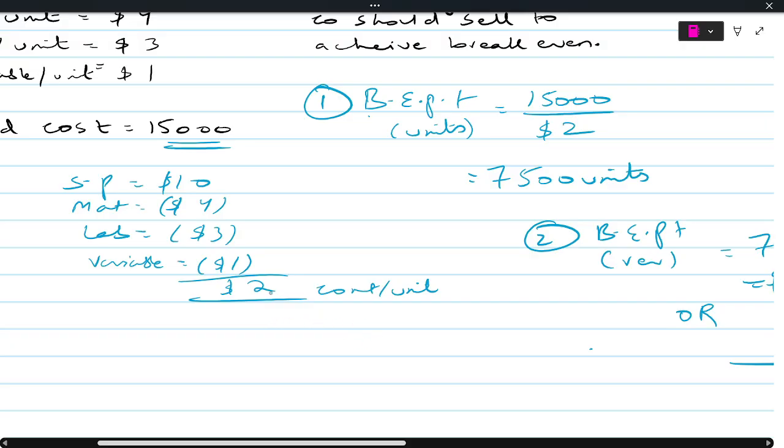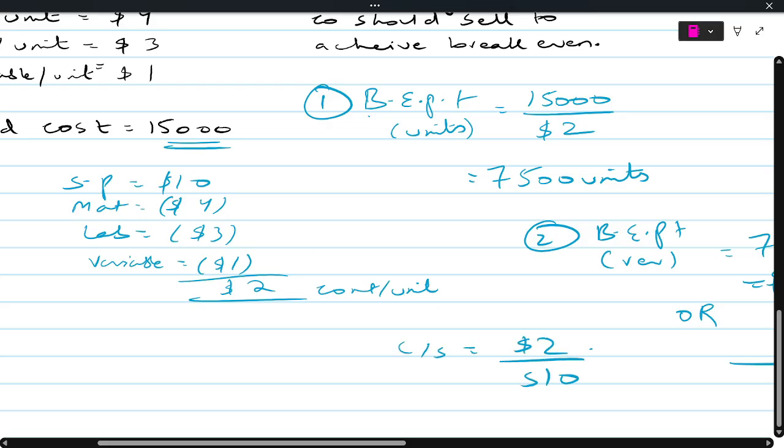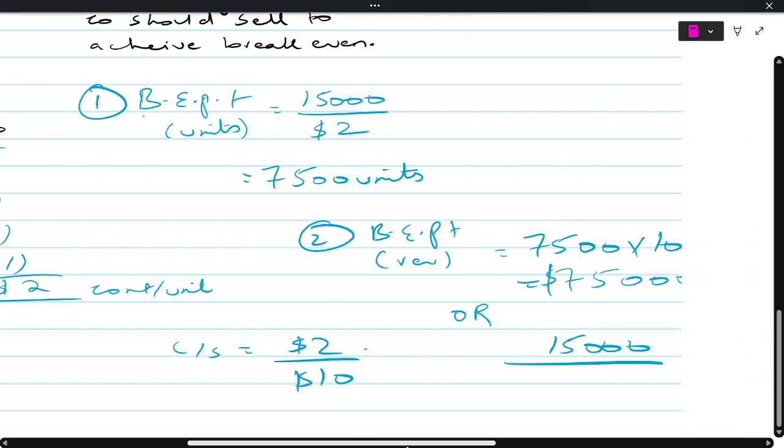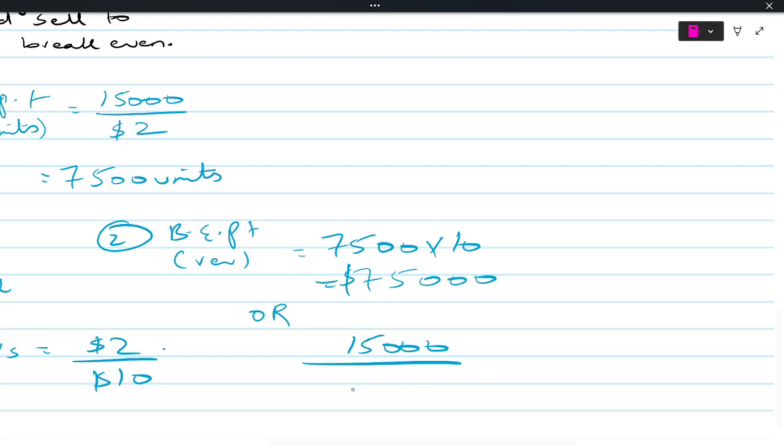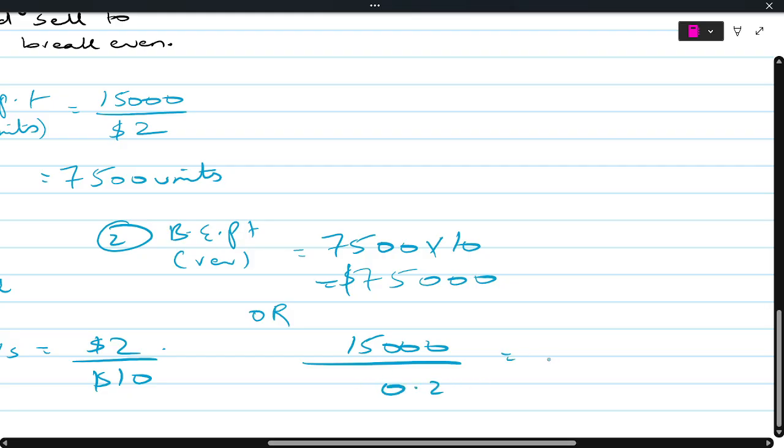Or you can take your contribution per unit, which is $2 over here, and divide it by the selling price per unit, which is $10, right? So it's going to be 1 over 5 after simplification, right? 2 divided by 2 is 1, 10 divided by 2 is 5. So that's going to be 1 over 5, and 1 over 5 is basically 0.2. So 15,000 divided by 0.2, you can see that I'm going to get the same answer, $75,000.